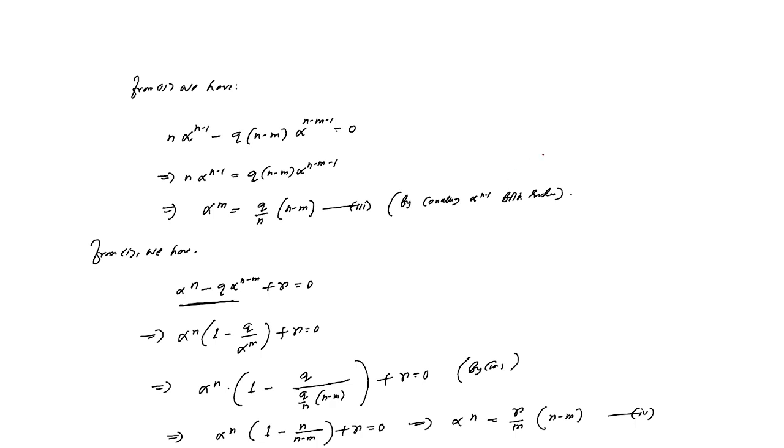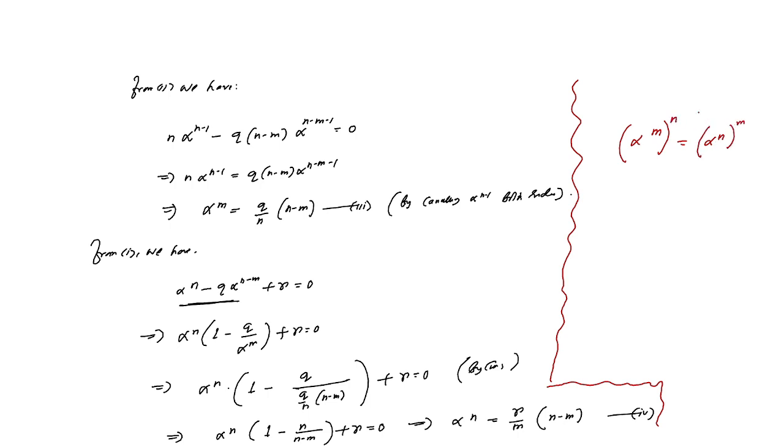Now we'll apply a trick that we have done earlier. One side is alpha to the power m from 3 and the other side is alpha to the power n. How will it be equal? It is not equal in general. It will be equal if we take power n here and power m here.